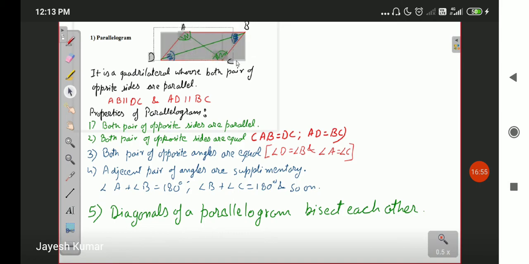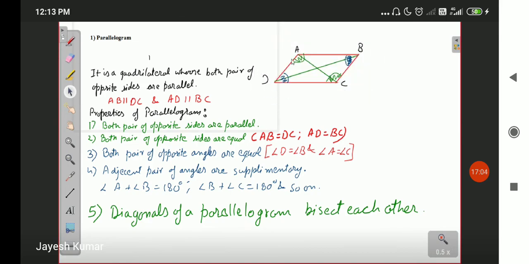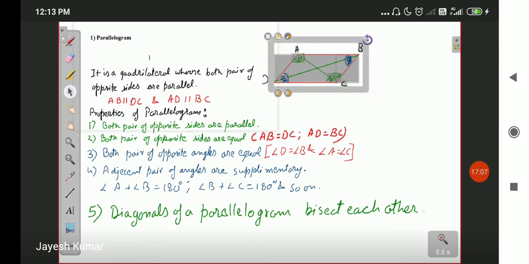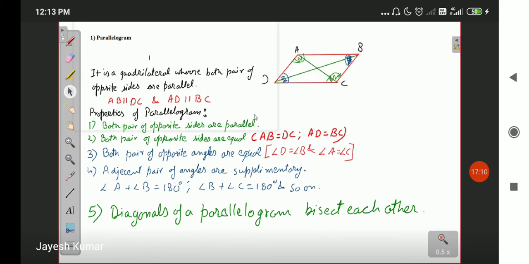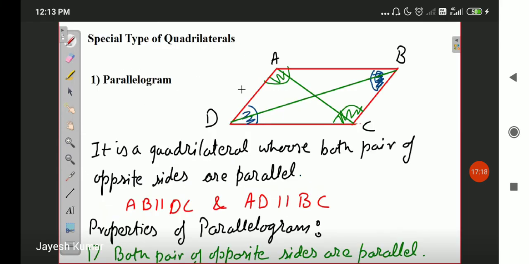Okay, let me enlarge this figure for you. This figure is not enlarging, so you have to see it adjacent to this only. See, let us say that the point of intersection of both the diagonals is O. So what I am trying to say to you is O is the shared midpoint of line segments AC and DB.